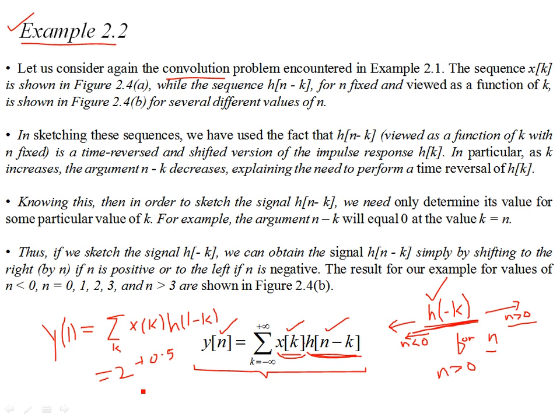Similarly, if I have to evaluate y of 0, that is again the summation over all the samples of x of k multiplied by h of -k. First you have to see how many samples are overlapping, multiply them sample to sample, and add them up over k. So that's the interpretation.